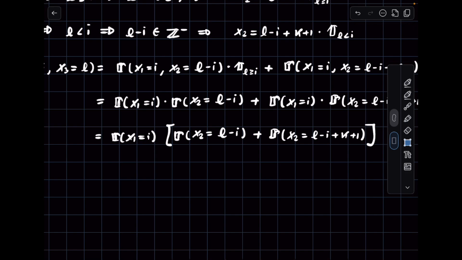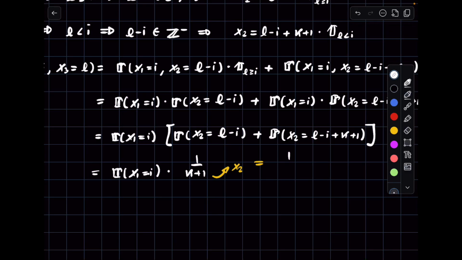Well, simply put, as they're independent, you basically are doing P of x1 equal I, times 1 over k plus 1. That's for x2. And this would be equal at the end to 1 over k plus 1 squared.